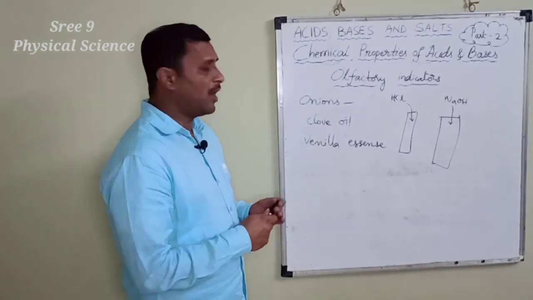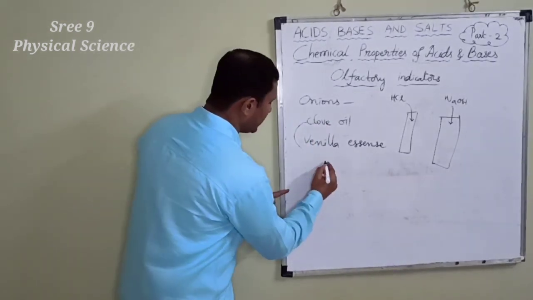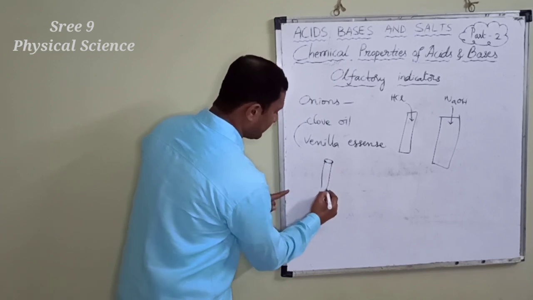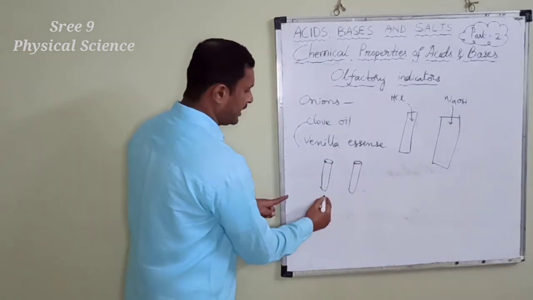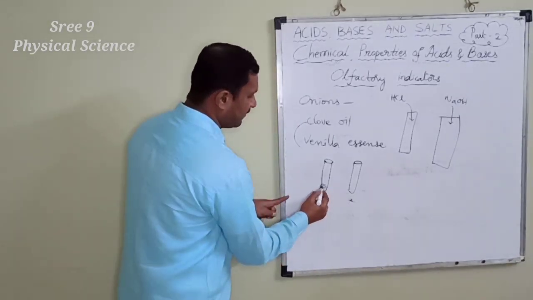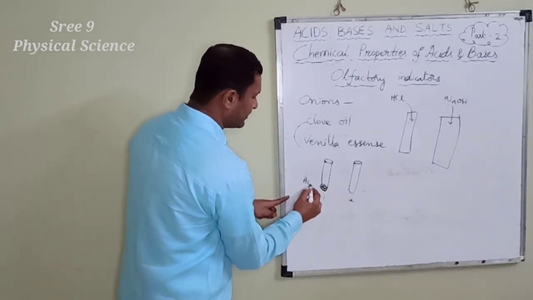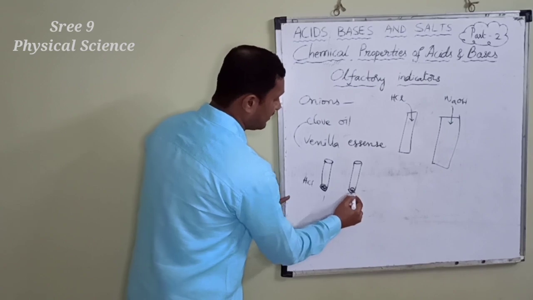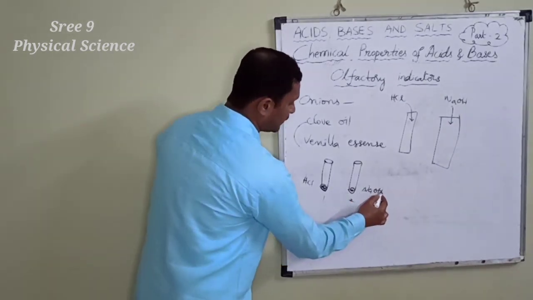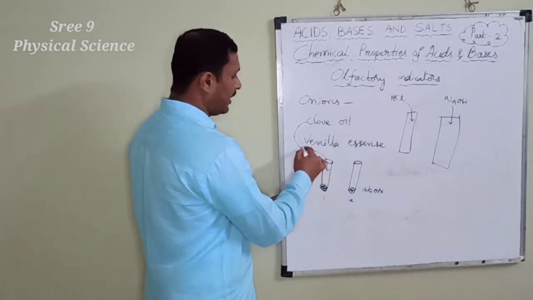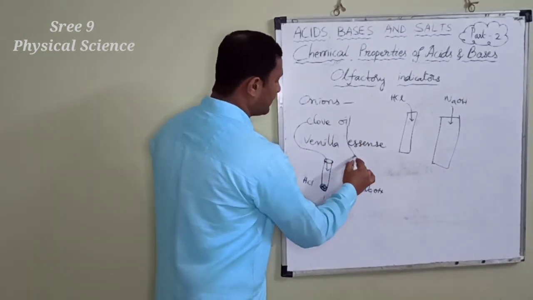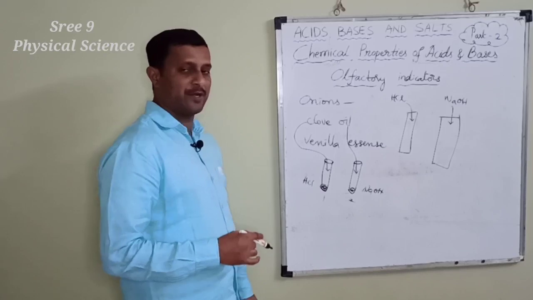Clove oil also. How to check with clove oil? Take 2 test tubes, 1 and 2. Take some hydrochloric acid in one test tube and some sodium hydroxide solution in another test tube. Add a few drops of clove oil to the first one and a few drops to the sodium hydroxide.